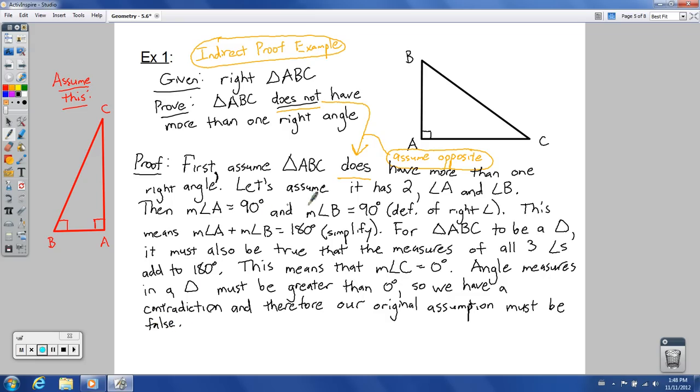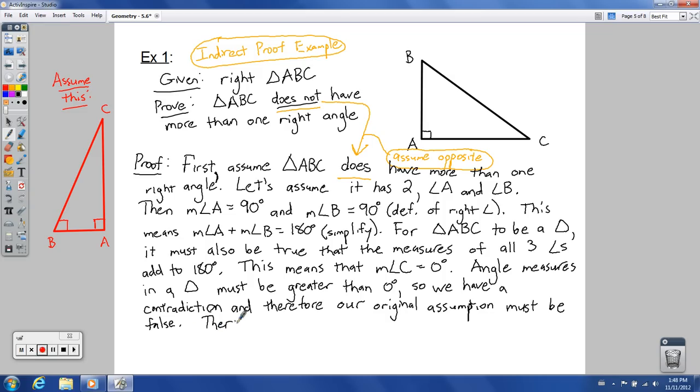So we assumed the triangle had more than one right angle, and then we arrived at something that can't be true. We had a contradiction to a theorem from before, the triangle sum theorem. It contradicted the triangle sum theorem, which we knew had to be true, and so our original assumption could not be true, had to be false.